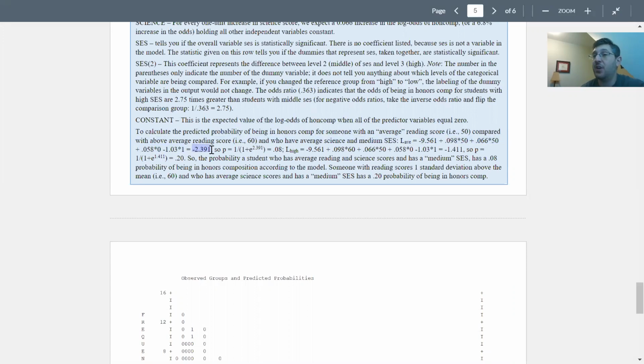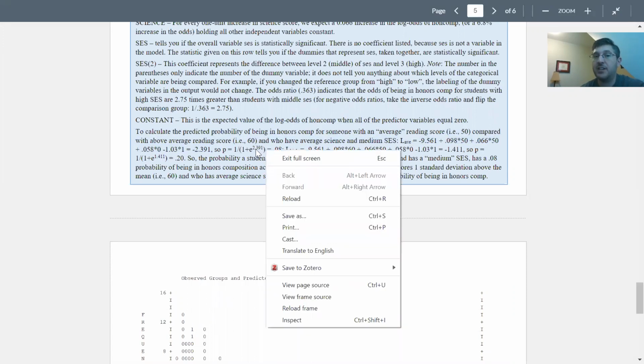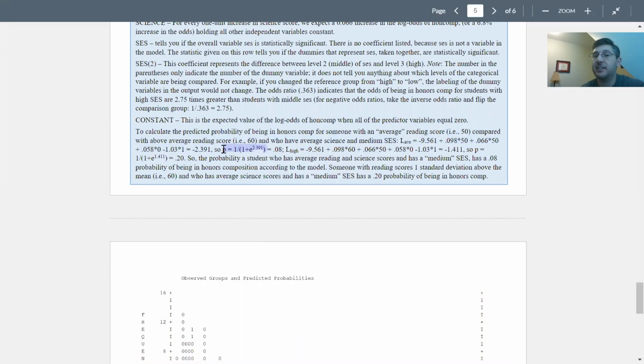We can convert the logit into a predicted probability using this formula. And I'll show you how to derive this in the notes here. Notice we flip the sign on our logit, so that's why it's positive here.